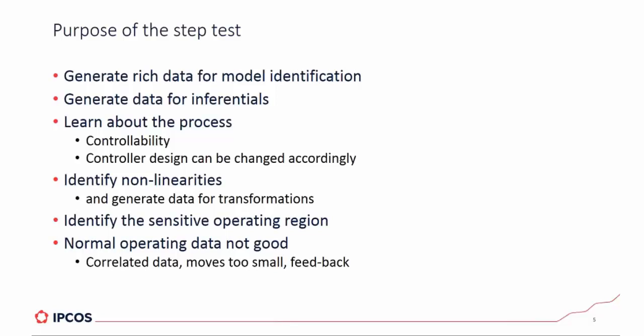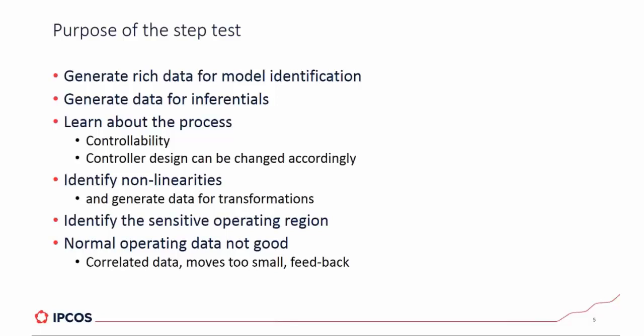Usually that goes hand in hand with drawing frequent lab samples. It's also very important for us during the step test to learn about the process, and then mainly the controllability of the process. This helps us with our controller design, which can be changed accordingly during the step test.